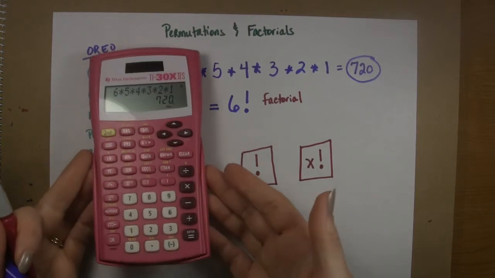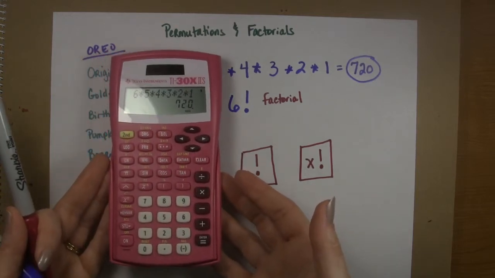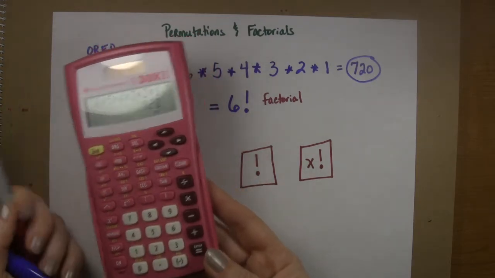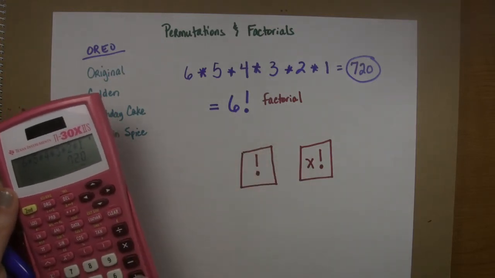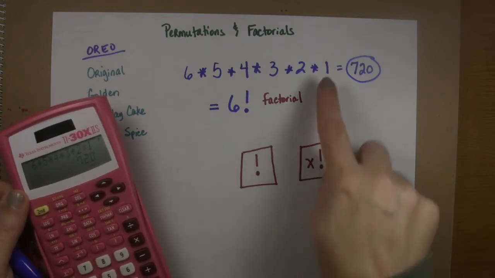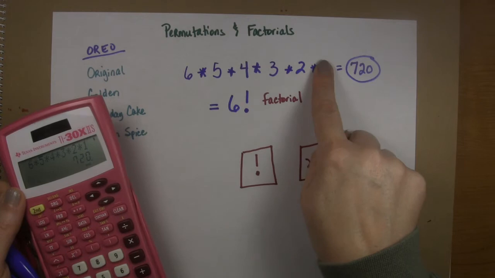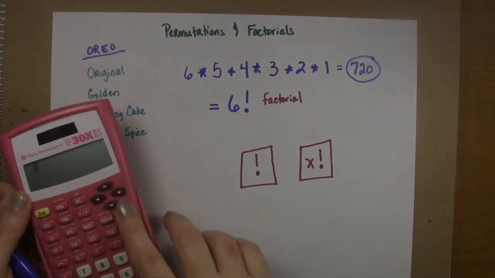I have a very nice calculator, which I am extremely emotionally attached to, but it has no factorial button. So when I am faced with 6 factorial, I have to do it longhand. I have to do 6 times 5 times 4 times 3 times 2, and then I get tired, so I usually leave off the 1, because anything times 1 isn't going to change. So you could technically leave that off, and you would still get 720.